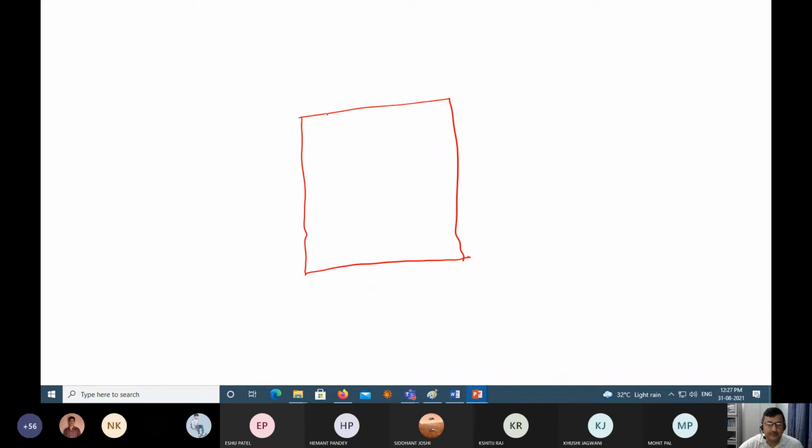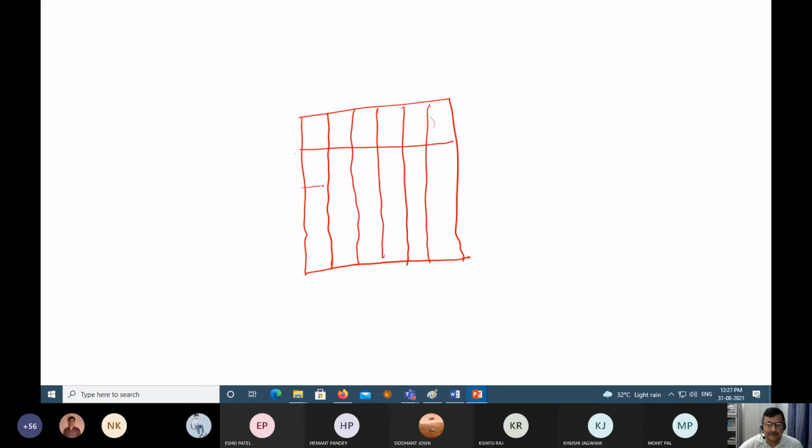This plate you divide into multiple small control volumes. It's a plate with a boundary, and you identify a point in the middle.